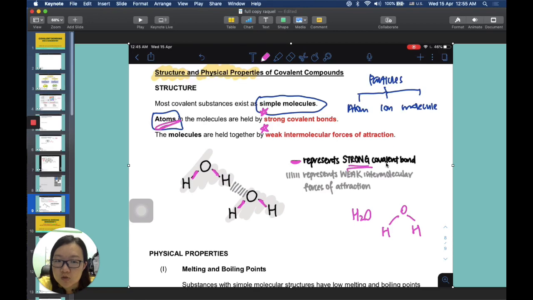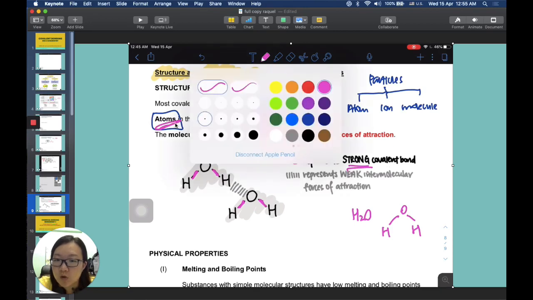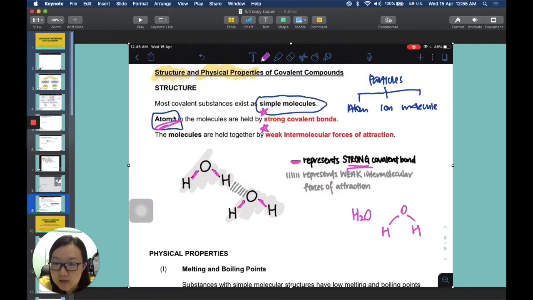What are strong covalent bonds? They are the bonds that are holding your atoms, the hydrogen atom and oxygen atom, in this molecule together. Whereas this little line here in purple represents the weak intermolecular forces of attraction between the molecules.